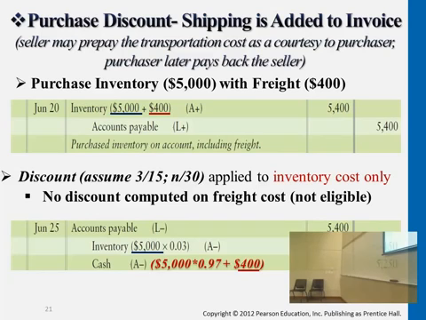For this case, later on when we pay the money back to the seller and reduce the liability, it will look like this. We would debit accounts payable, and let's say that we also pay within the discount period, since it's only 5 days difference here. Within the discount period, there's 3% offered: 3/15, net 30.